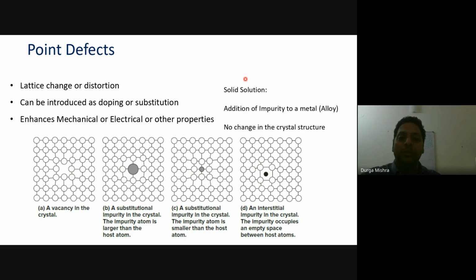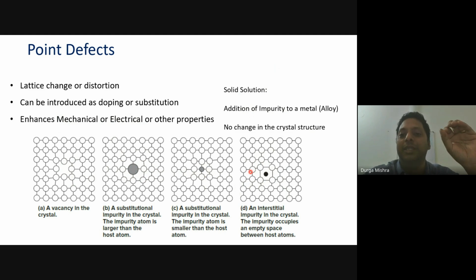When you add an impurity, whether it is a substitution or an interstitial substitution, what we form is known as a solid solution. Like we have a liquid solution, where you add two different liquids, mix them, and get a perfect solution. That happens in the liquid state, and the same thing also happens in solids.